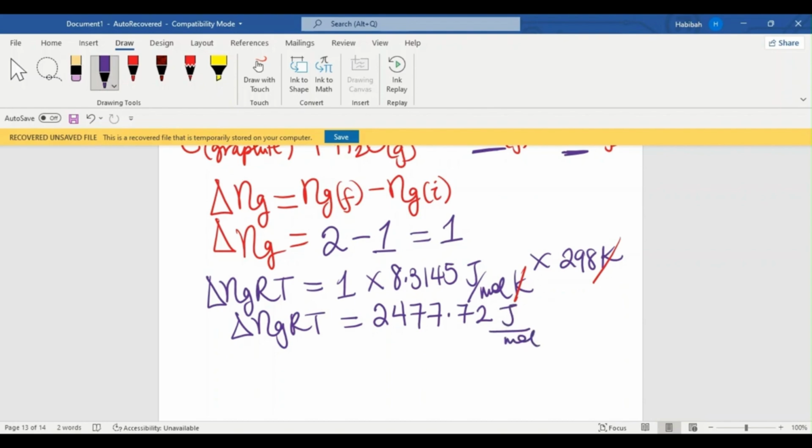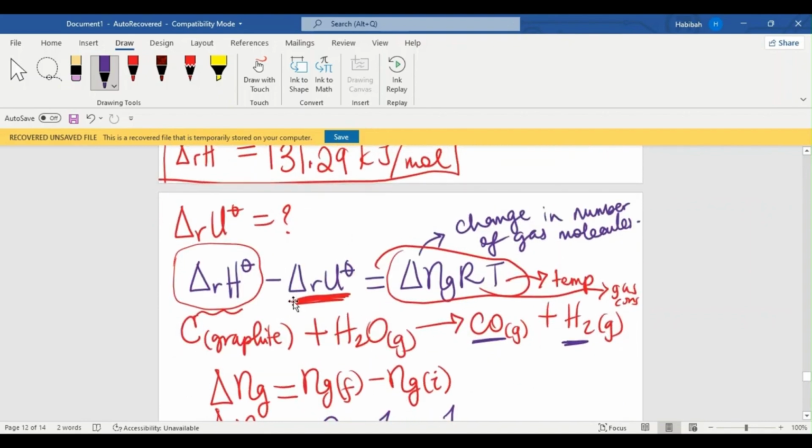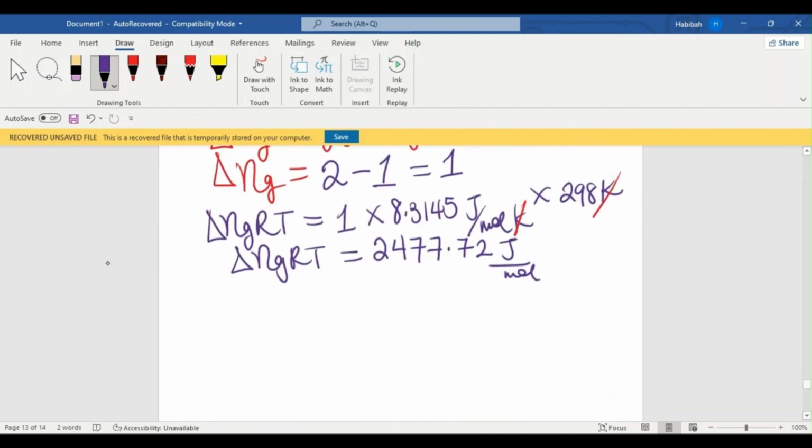Now, because our question is to find the change in internal energy of the reaction, we just have to rewrite the formula.